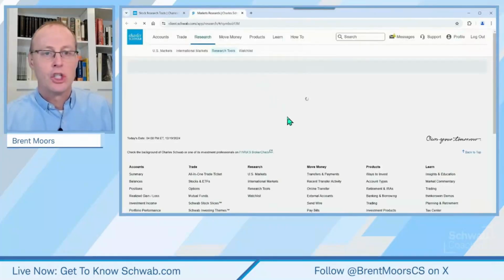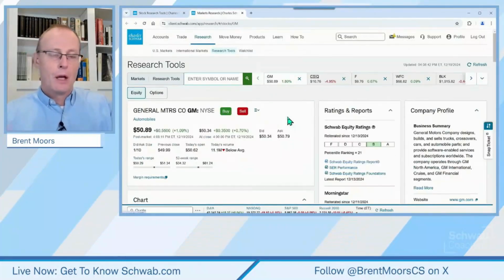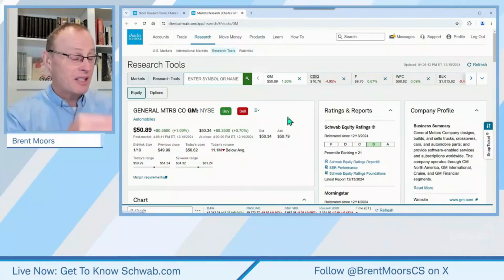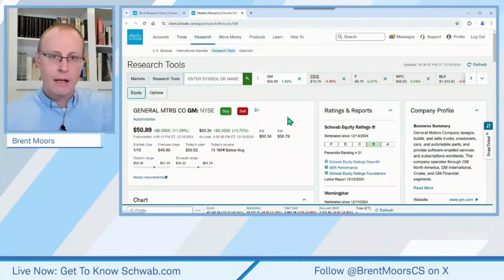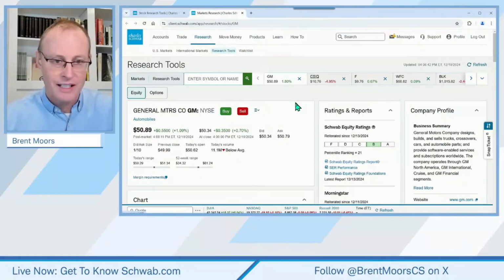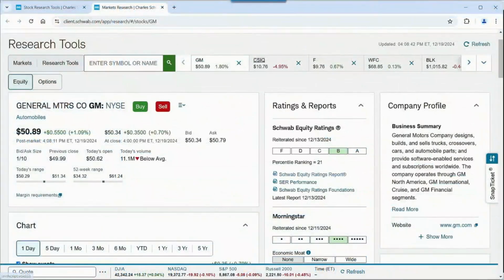So I'm going to click on GM, and just remember, these are just example stocks. None of these are recommendations here, folks. I just need to say that. And any company you look at is going to have some good and perhaps some not so good as well. And we'll see that.